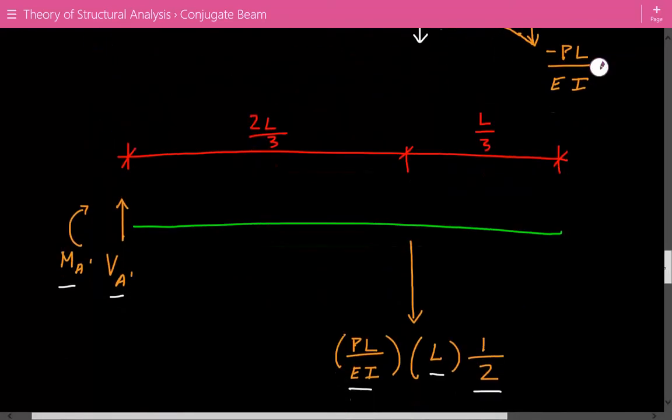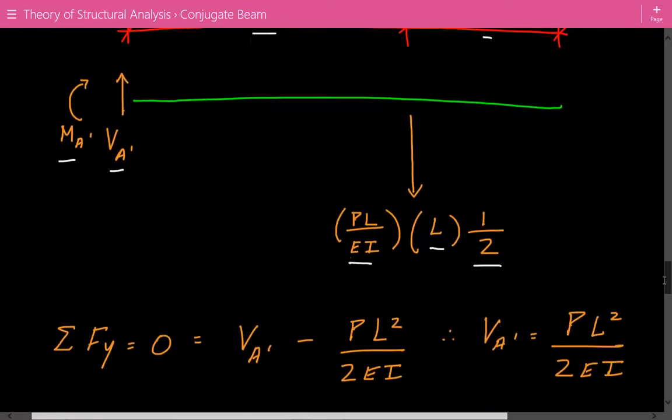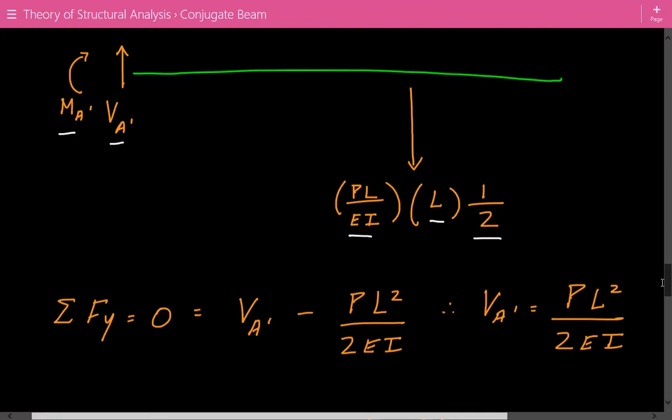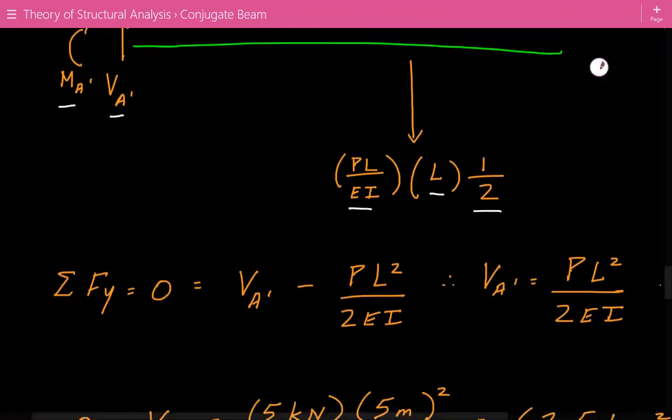That's how we got this value of L over 3 and 2L over 3. Now we're just going to use statics and calculate the conjugate shear at location A. So it's the conjugate shear at A minus PL squared over 2EI, which means the shear is equal to PL squared over 2EI.